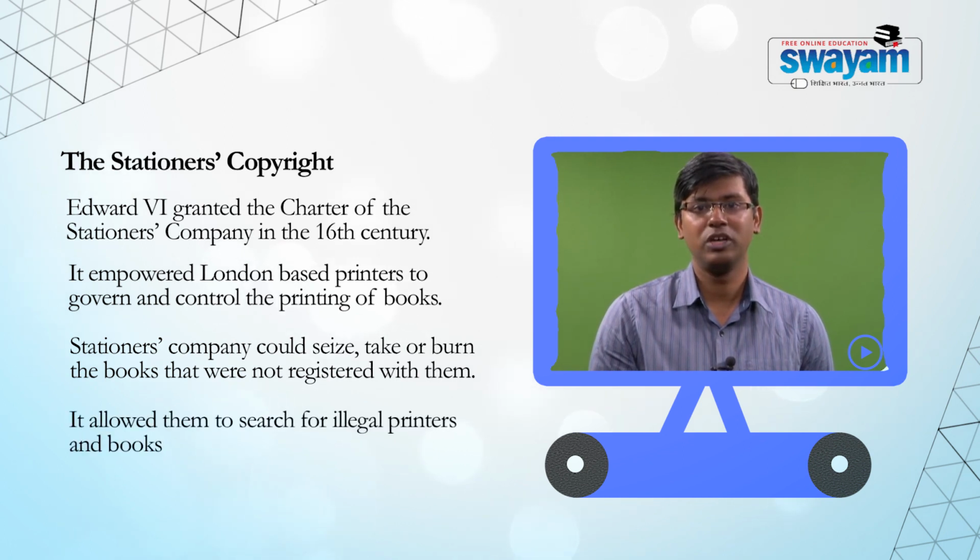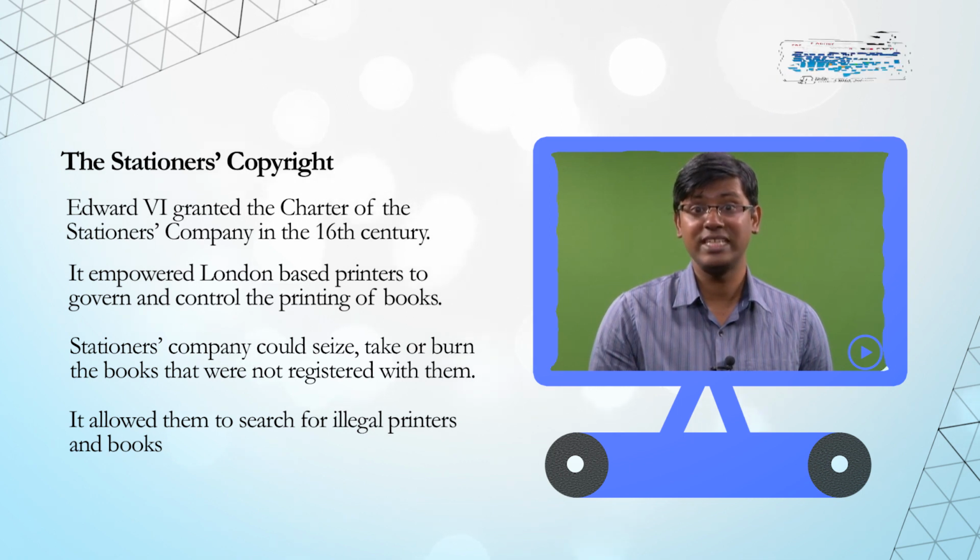It allowed them to search for illegal printers and books. Largely, powers were granted to the Stationers' Company to go to places, do searches, and if they found an illegal printer or a book that was not allowed to be printed, they could confiscate it.